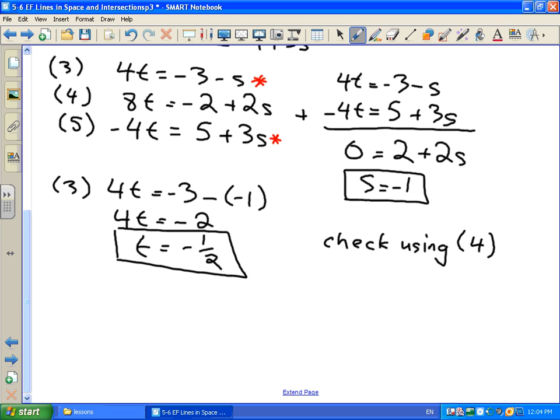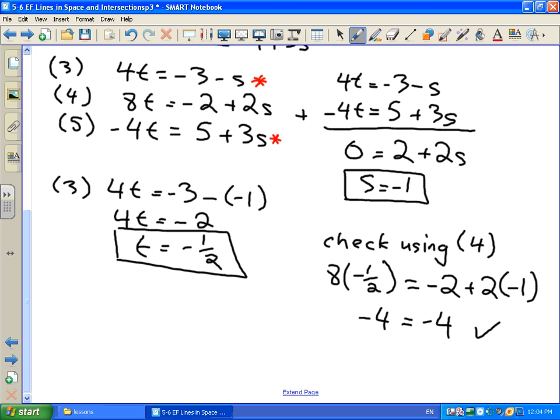In that skew example, this is how I found out that they were skew lines. So let's put these into 4 and see what happens. 8 times -1/2 is going to be -4, and 2 times -1 is -2... and I get -4 equals -4. Woohoo! So we're on the right track here.